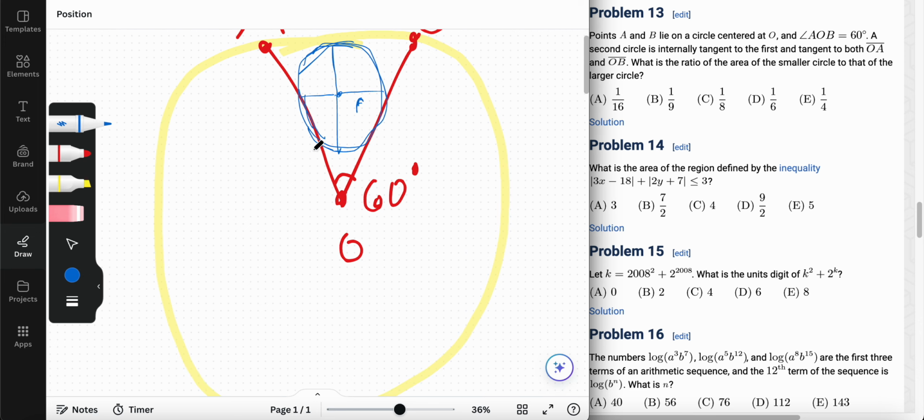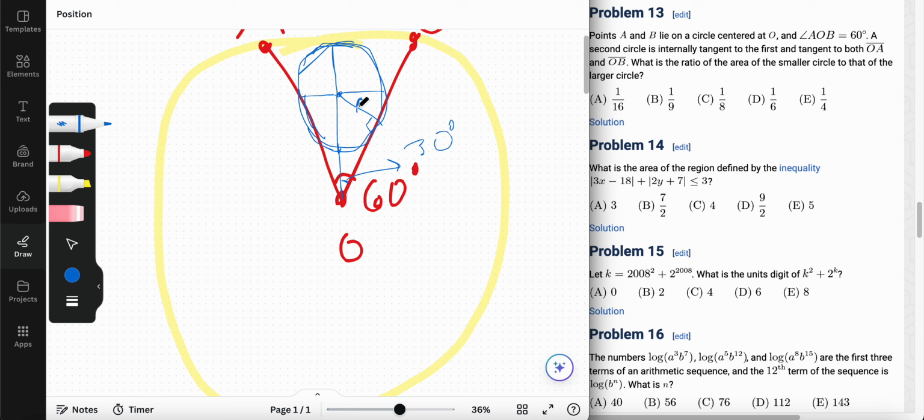Or we can do this, something like that. That's also r. And this whole thing is a triangle now, right? We can do this as 90 degrees. This is going to be 30 because this is bisecting, right? So this is 30. 30, 60, 90.